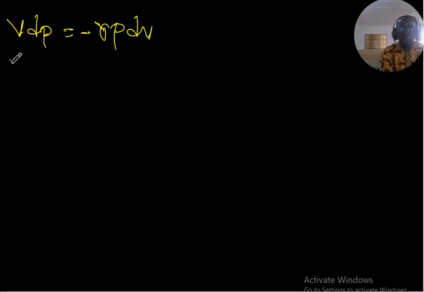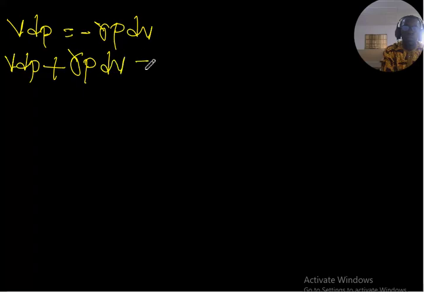If we rearrange this, that gives V dP plus gamma P dV equals 0. Now I decide to divide through by PV, so as to reduce this differential.